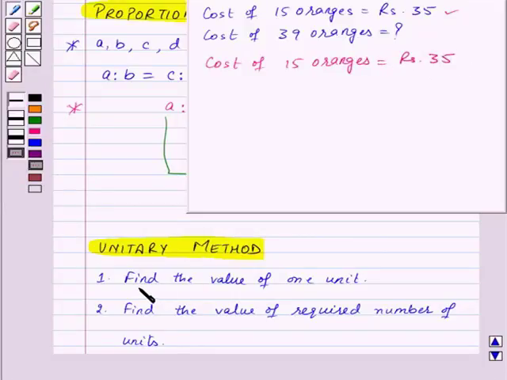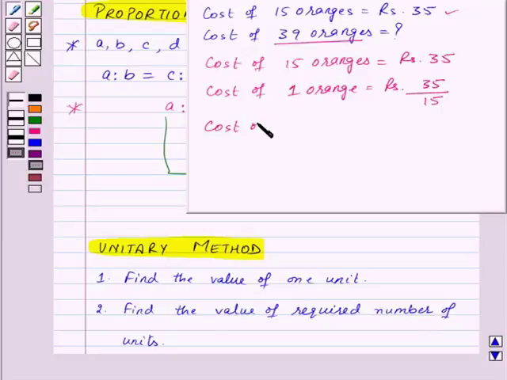Now first of all we will find the value of 1 unit. So cost of 1 orange will be equal to rupees 35 upon number of oranges, that is 15. Now we will find the value of required number of units, that is 39 oranges.